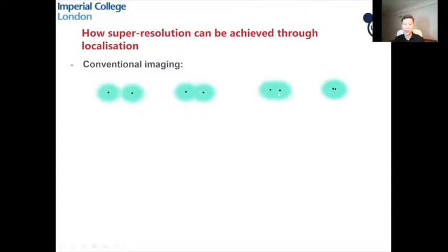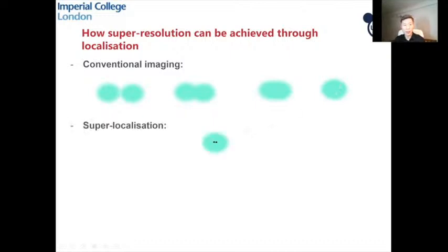When the scatterers get closer and closer, their images also get closer and closer. So if you just look at the image, you can probably tell there are two scatterers here and maybe here, but gradually it's more difficult. And here, you can't really tell there are two scatterers in this image.